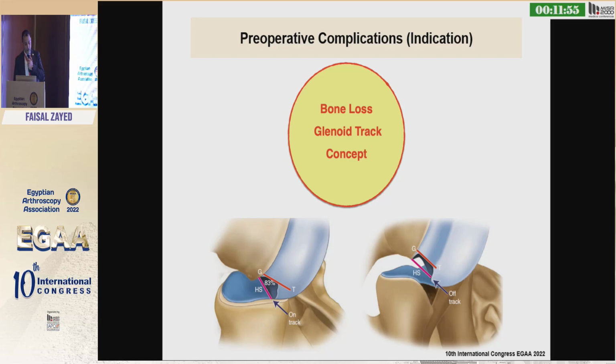Always keep in mind also the bone loss and the glenoid track concept. You must know the on-track and off-track lesion and avoid surgery also in cases of off-track lesion.